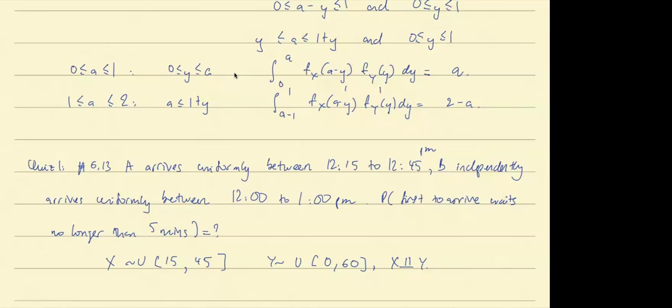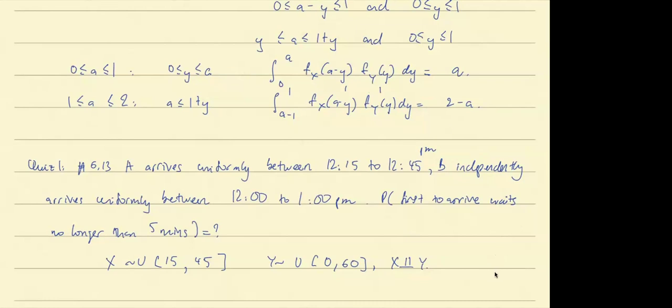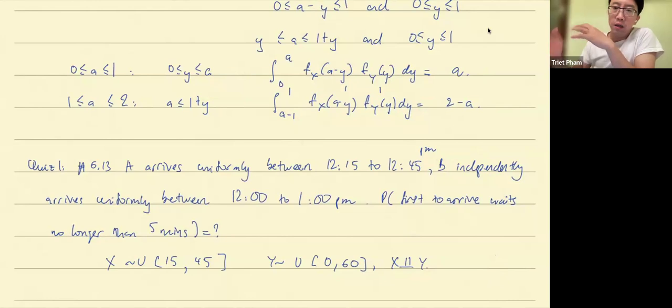B arrives in less than 5 minutes when A arrives, and A arrives in less than 5 minutes when B arrives. But that's still a little bit English. What's the mathematical expression? The probability of B arriving in 5 minutes, given that A arrives, plus the probability of... There's nothing conditional here.